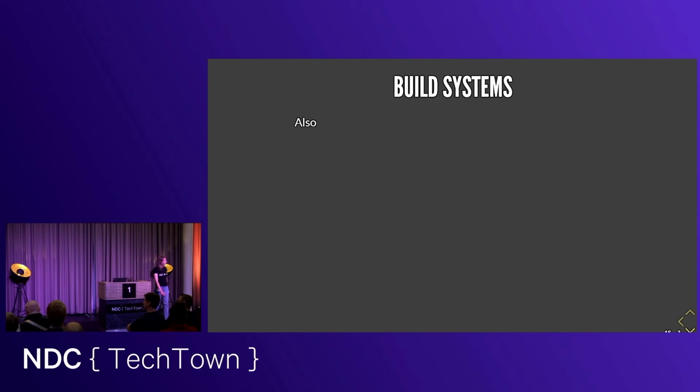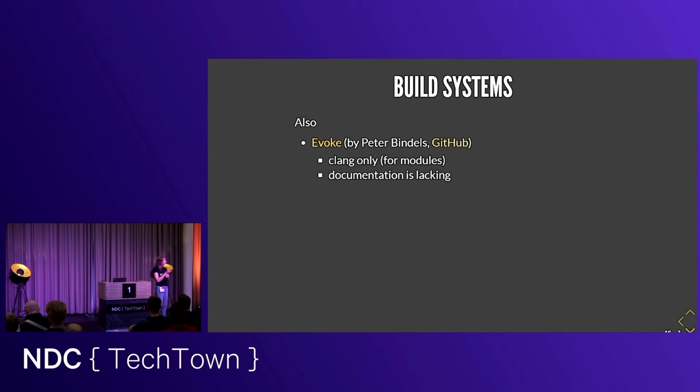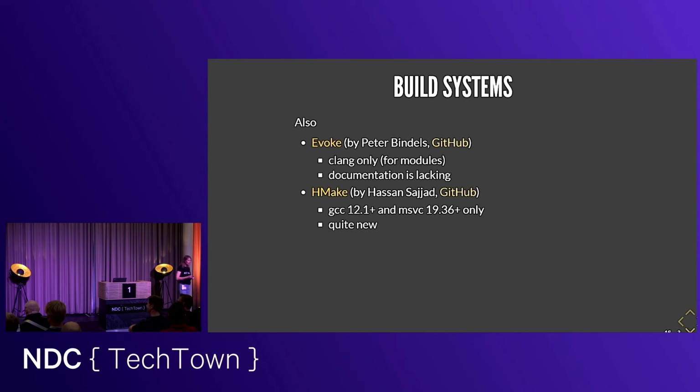All the rants are Evoke by Peter Bindels. This is also an old build system. As far as I know, it supports only Clang, and the development is at a well-observable pace. And there's a new one from a guy from Pakistan with a completely new approach.